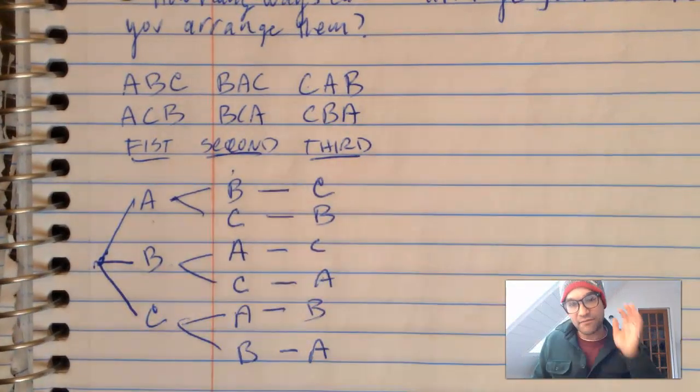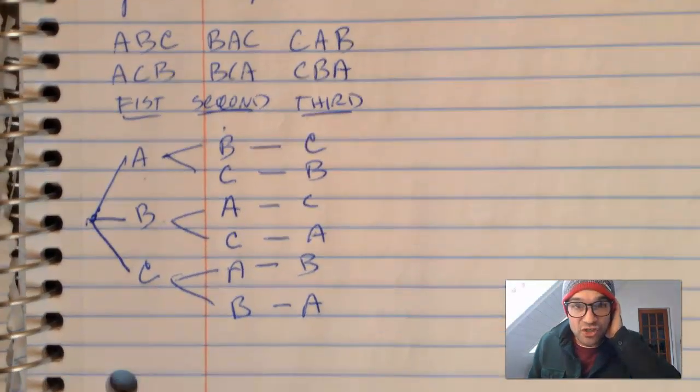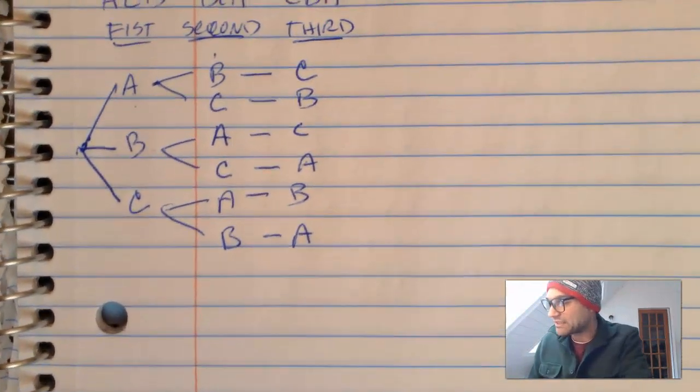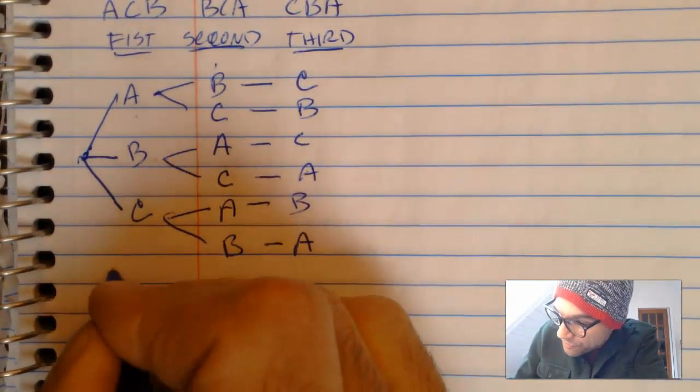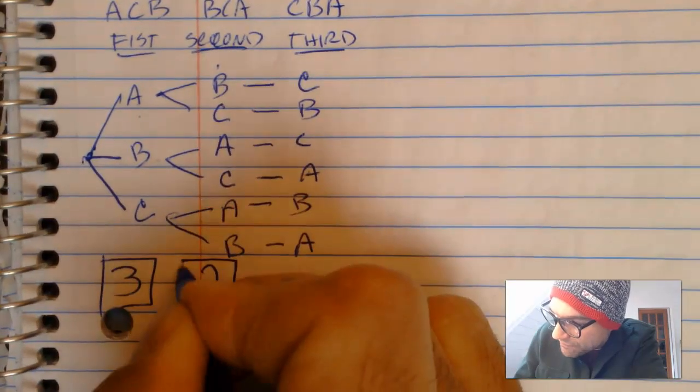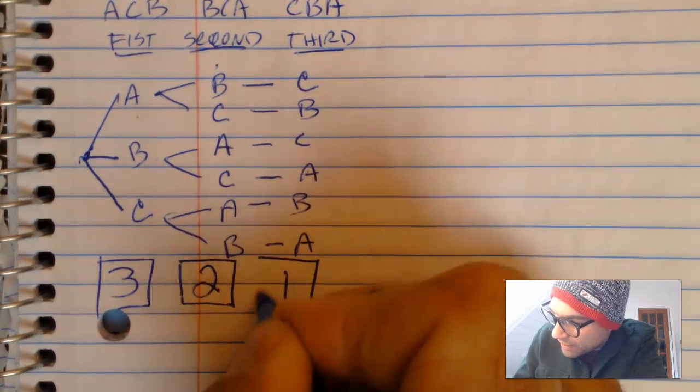So if you think about this in terms of positions on the shelf, what do we actually have? We had 3 options in the first position, leaving 2 options for the second position and 1 at the end.